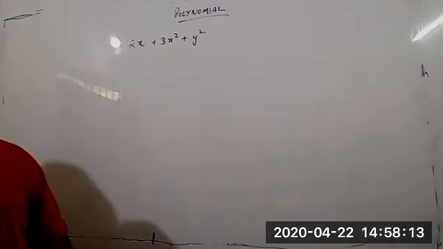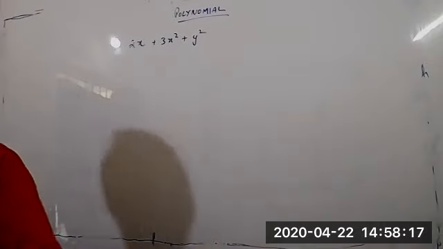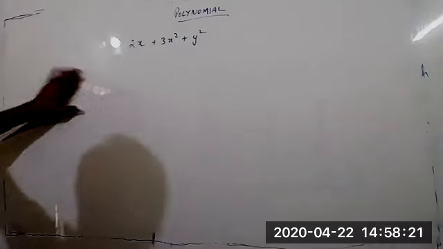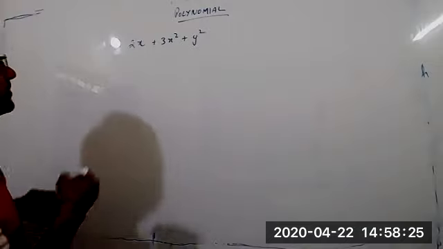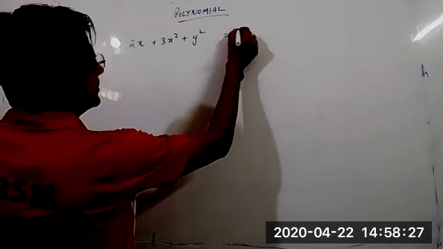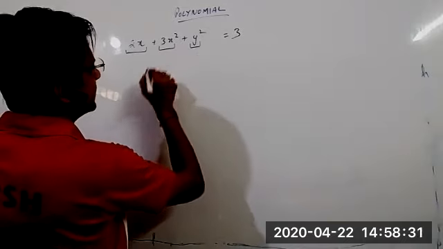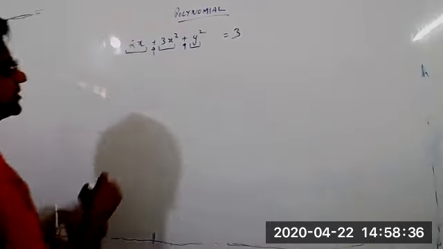Now, how many terms are there in this algebraic expression? 3. It has 3 terms because this is 1, 2, and 3, separated by plus.